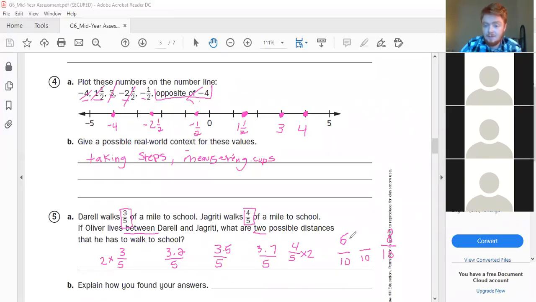That one's pretty easy. 7, bam. So you also could have done that. Those are the two ways you could have done it, with decimals, or times 2, and then you'd see it goes 6, 7, 8. Pretty simple. Explain how you found your answers. We pretty much did that together, so don't worry about that.